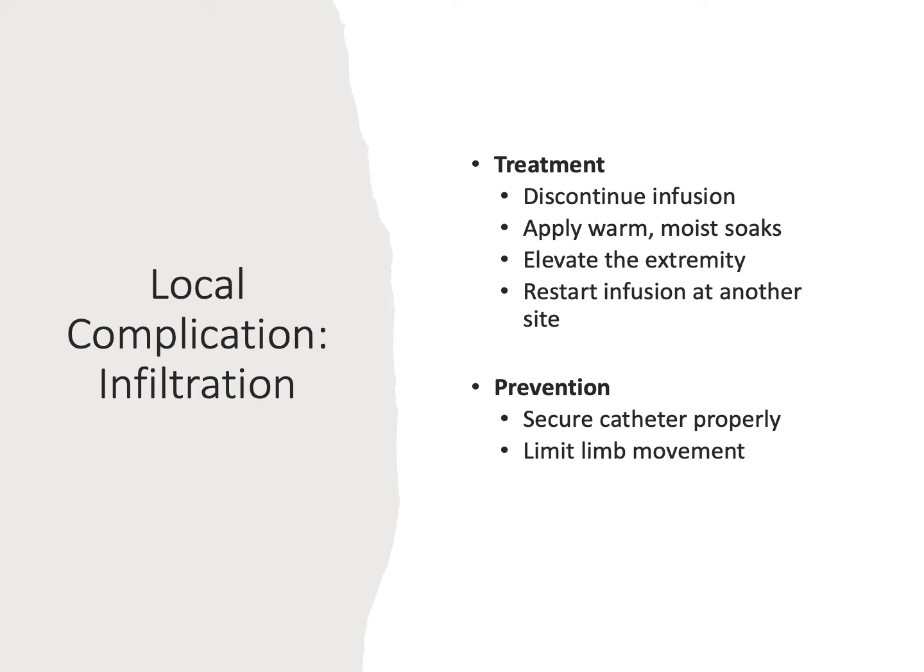So you want to promote venous return and promote circulation, and make sure you stop that fluid as soon as this is recognized. For prevention, use an appropriate IV site, trying to avoid areas of flexion where it's going to get bumped and banged around. If it's being bumped and banged around, it's more likely to dislodge through the vessel, right?